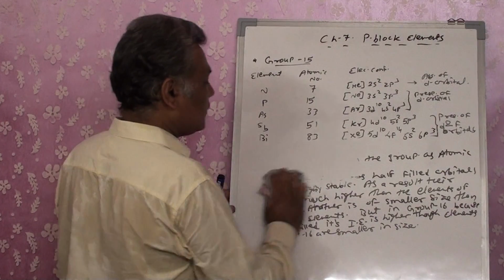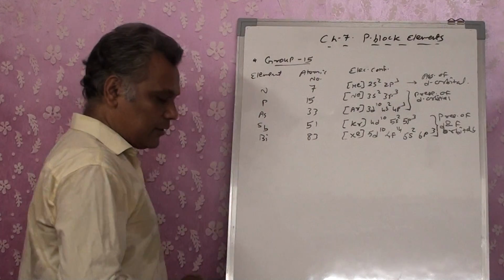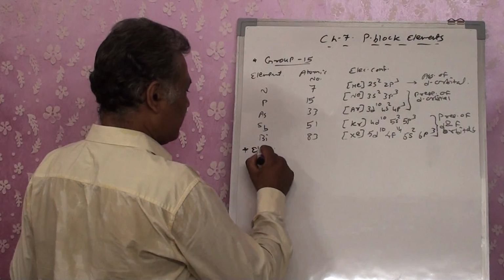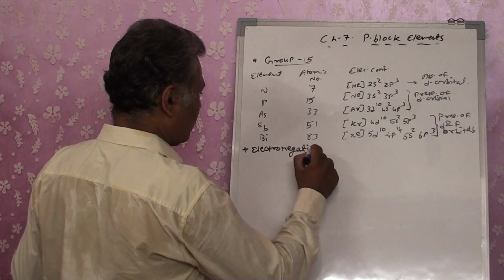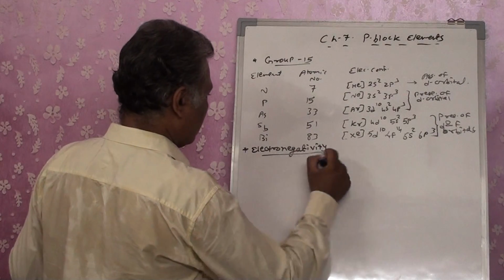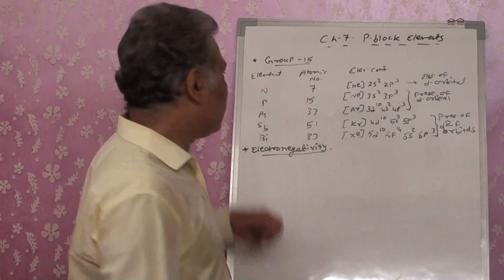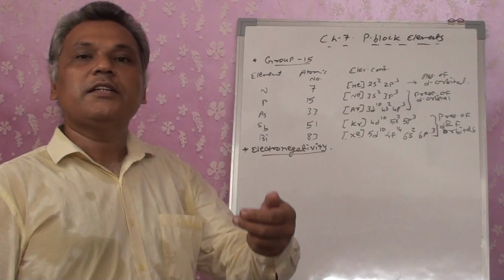The third factor that we want to discuss related to this group is electronegativity. What will we get for electronegativity? We can very easily say it. Atomic size increases, ionization energy decreases.